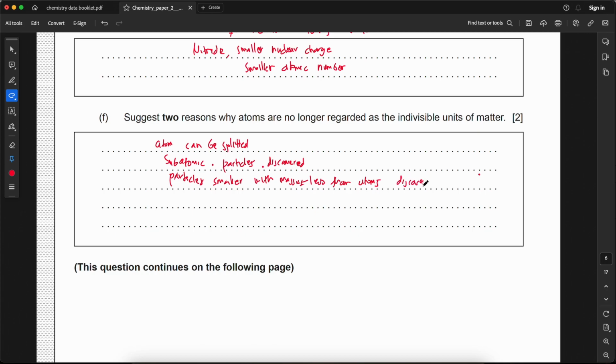They also discovered the mass of protons, neutrons, and electrons. So you can choose 2 from these 3 because the marks are only for 2.